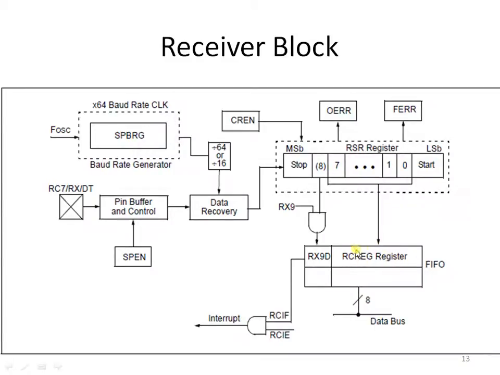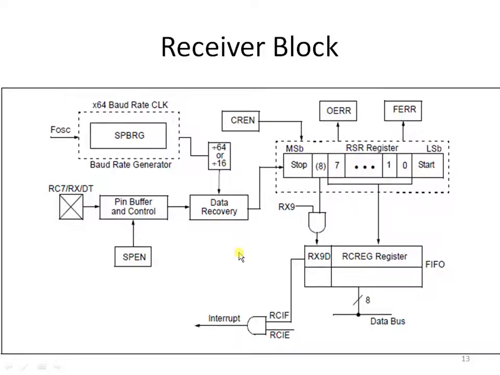As soon as this buffer has some data, it will generate an interrupt, that is RCIF. If the interrupt enable is programmed to 1, then an interrupt will be generated so that the processor will execute the ISR. And if this RX9 bit is 1, the 9th bit will be moved into RX9D, and here the buffer register is RCREG.